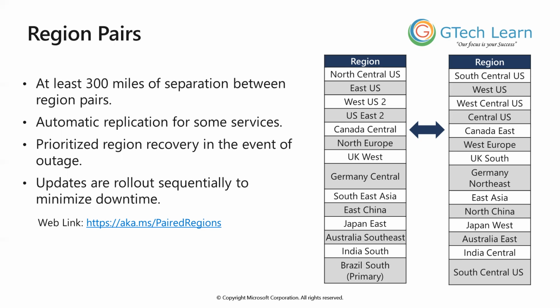That means if there are any interruptions or failures because of natural disaster, civil unrest, power outage, or physical network outage, then at least the replication which we have done is available with the second region which is paired with it. So it provides the redundancy feature, and it provides continuous access to the services on the cloud.